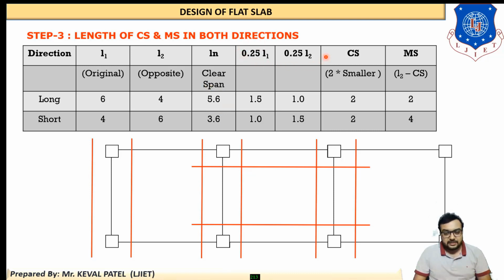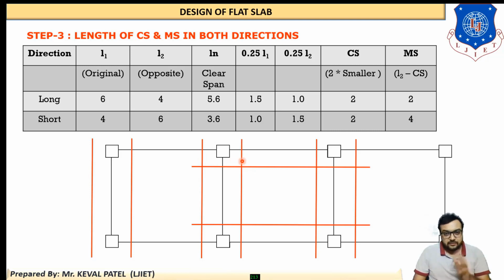The next two columns are very important: 0.25 L1 and 0.25 L2. Why are we writing 0.25 L1 or L2? As per the IS code provisions, for the column strip, you can see these two vertical lines, and the length between these two lines is considered the column strip.